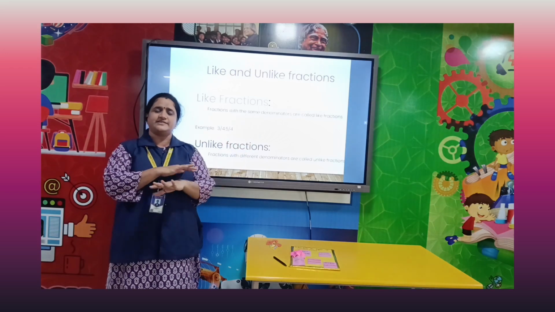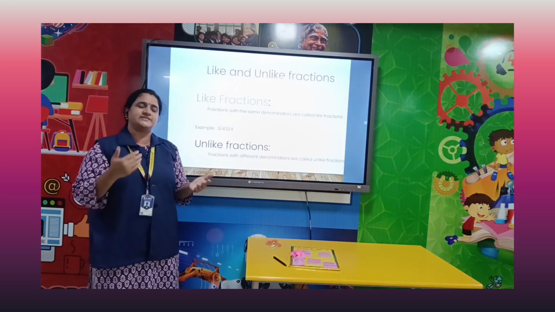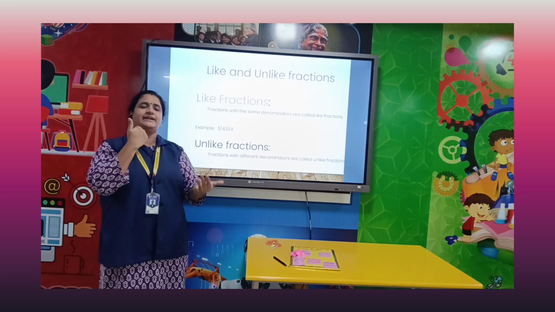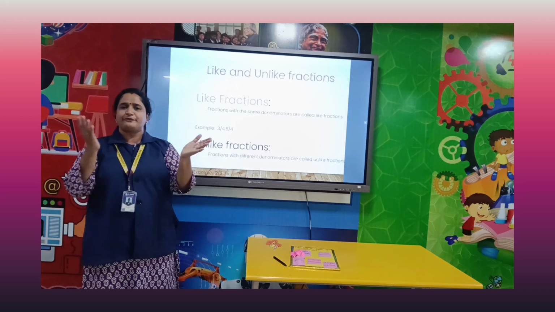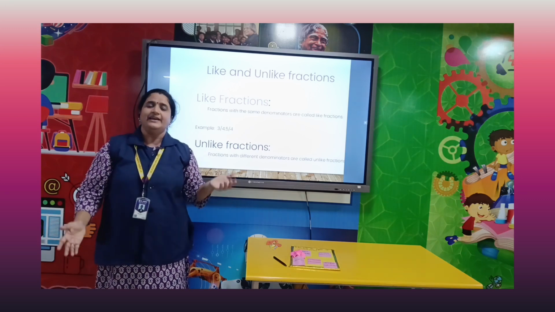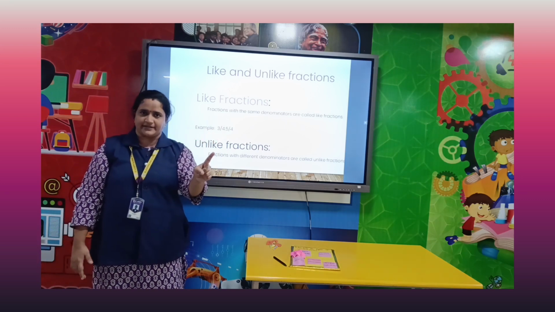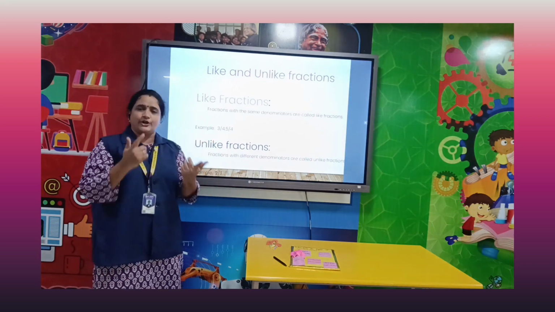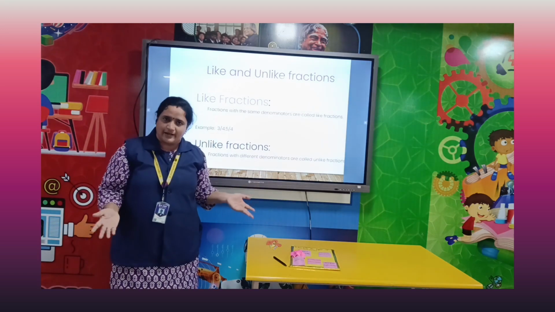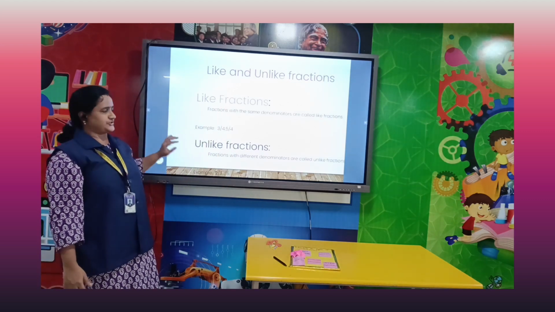In unlike fractions, the denominators are different. So, you all now understood the difference between like and unlike fractions. In like fractions, you should have only the same denominator but different numerators.